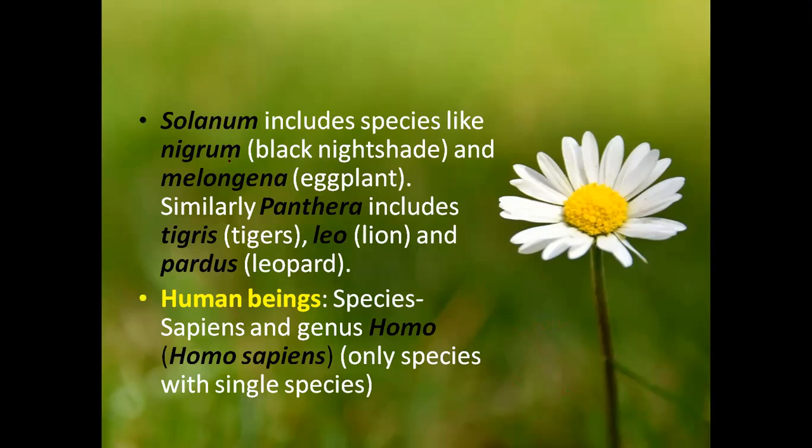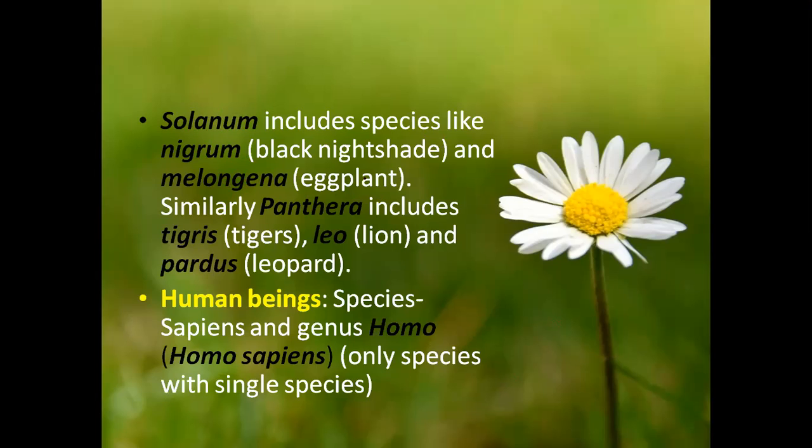So it can be Solanum nigrum, Solanum melongena. It is one genus which includes species like nigrum and melongena. So one genus can have one or more species.